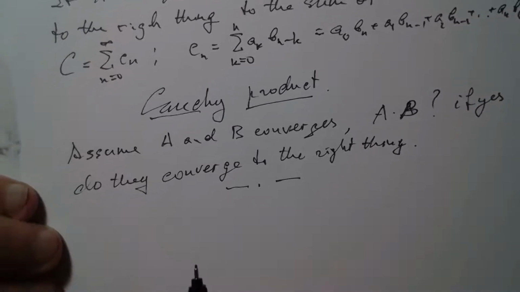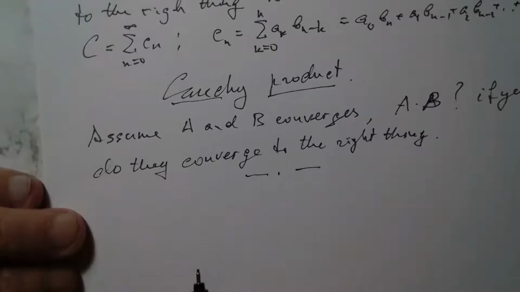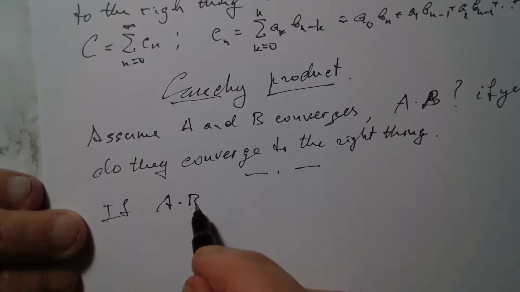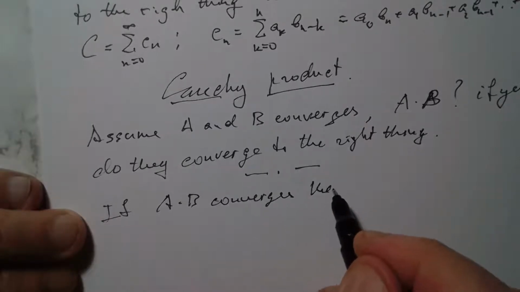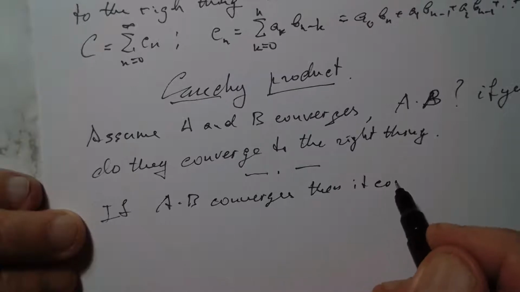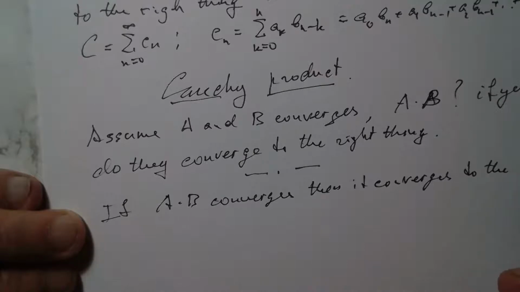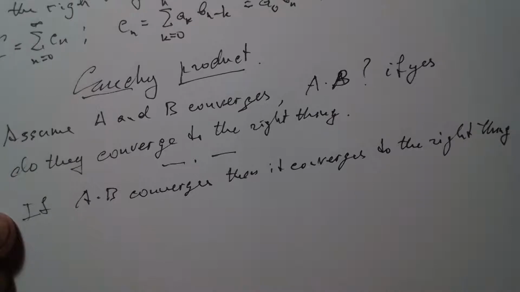But somewhere in intermediate analysis 2, somewhere at the very, very end, you will see that there is a theorem that if the series converge, then they converge to the product of the series.